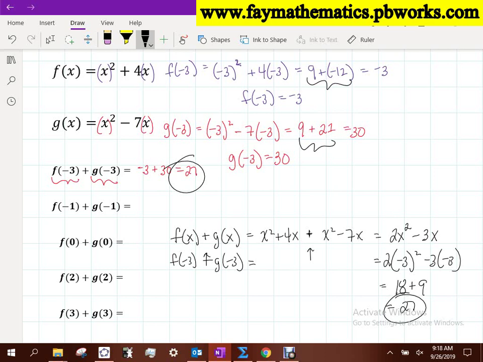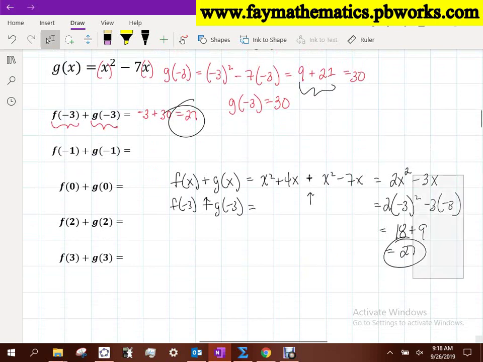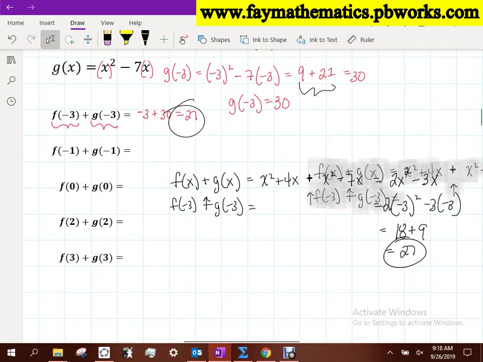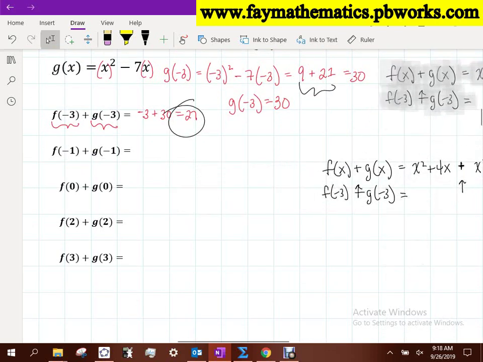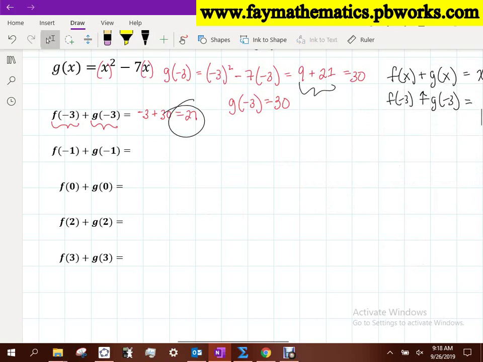So what we like to do, just a notation thing here, is that we like to take that f of x plus g of x that we just came up with, and we called that, it ended up being 2x squared minus 3x, right?